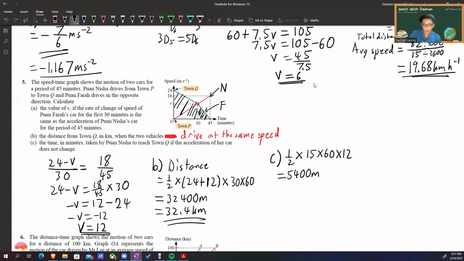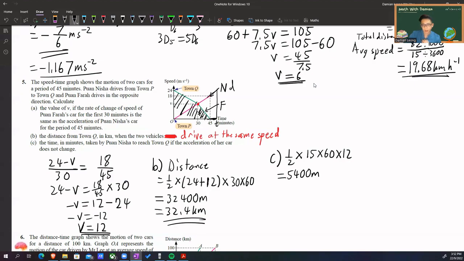Basically we need to express distance traveled in terms of time. If I extend it any further, I don't know the time, I don't know the distance traveled.